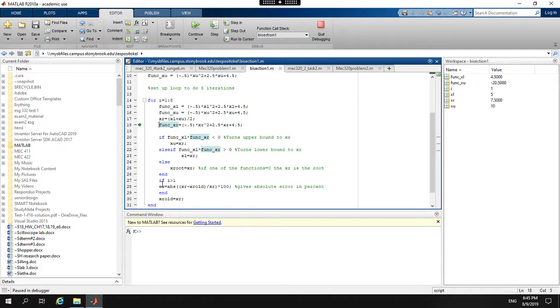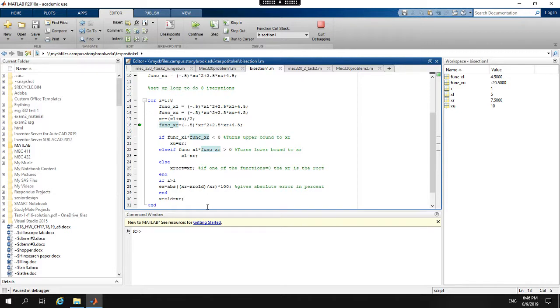And this if i is greater than 1. This is actually incorrect because I didn't calculate the absolute error the way you can do it with the bisection method. In this code, I calculated the absolute error using, I think, a way used for a lot of other methods.